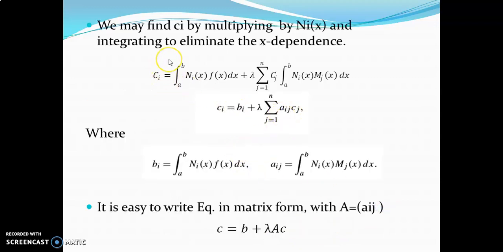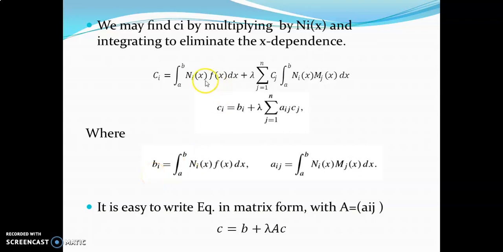So we may find Ci by multiplying equation number 3 by ni of x and integrating from a to b to eliminate x dependence. So we will get this. So we have already said Ci is equal to integral a to b ni of x f of x dx plus lambda summation j goes from 1 to n cj integral a to b ni of x mj of x dx. So we can call this integral a to b ni of x into f of x dx as bi.